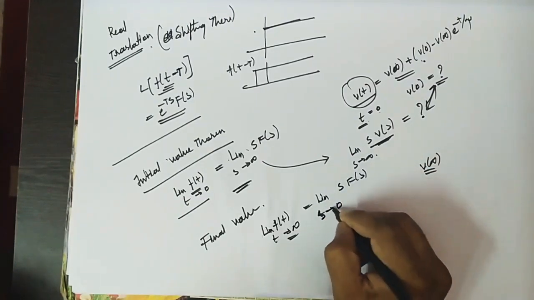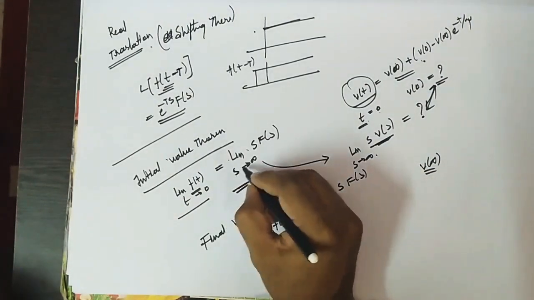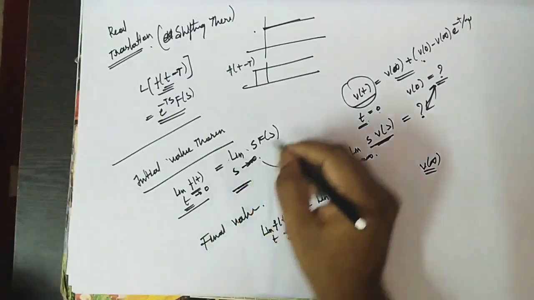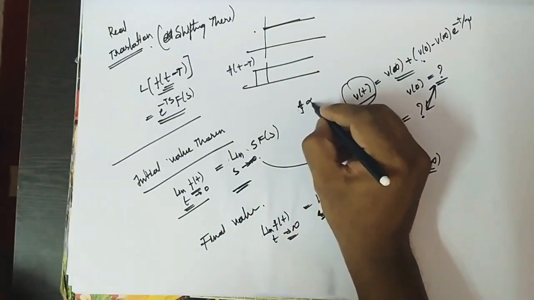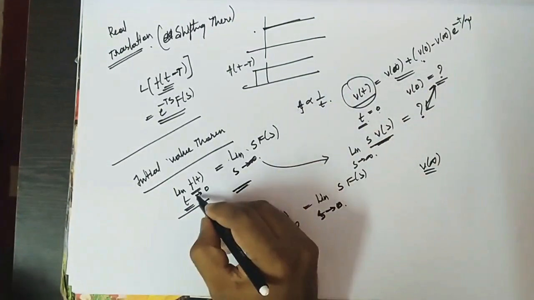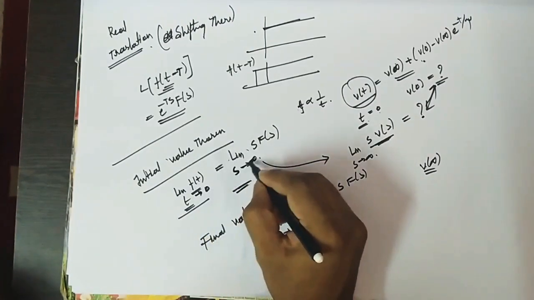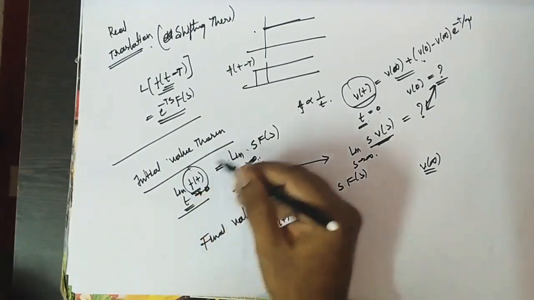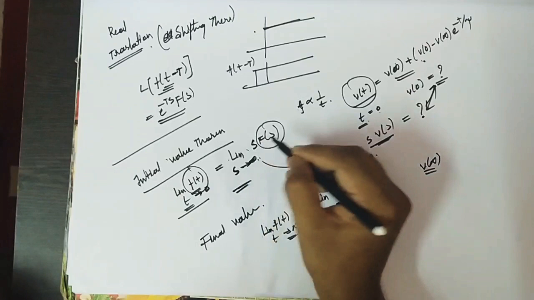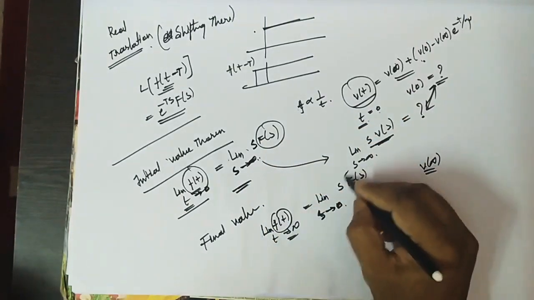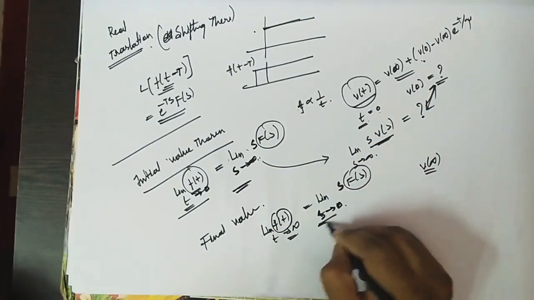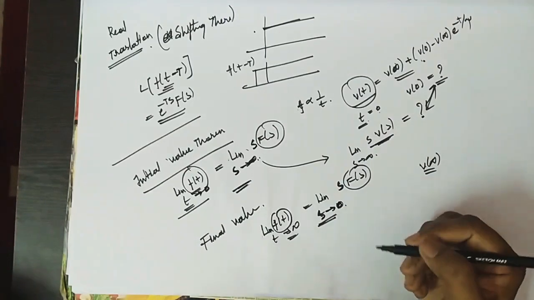So here s becomes 0, there s becomes infinity. Since frequency is inversely proportional to time, t equal to 0 means s tends to infinity. For the same function f of t you got F of s, and you multiply it with s.